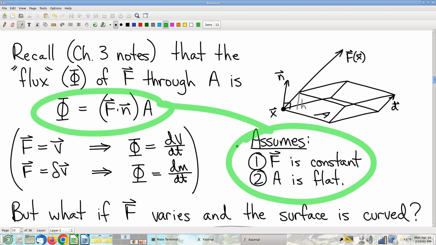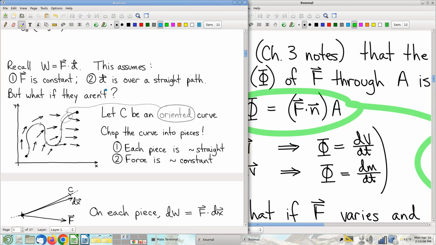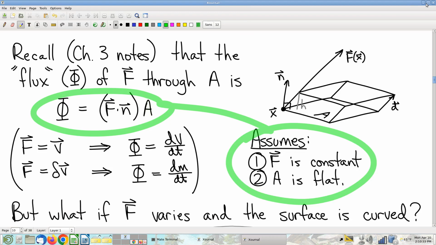All right, now you may be thinking to yourself, this all sounds vaguely familiar, and it is. Look at this discussion that we did when we were talking about work. We were going to try to use the idea of a scalar line integral to compute work. Work was computed with a dot product formula that made certain assumptions. The vector field is constant. The domain is straight, aka flat, right? So we are in a very similar circumstance here.